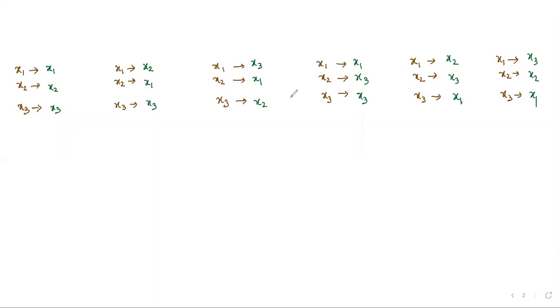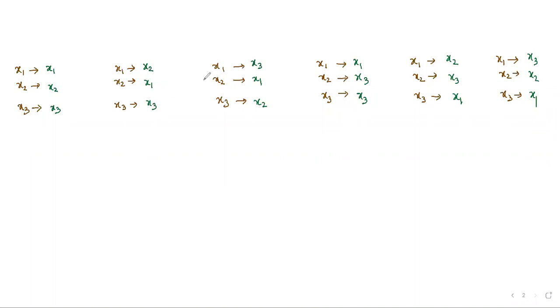So see, what have I done over here? I have written the left hand side. The left hand side is the same for all the 6 cases, but the right hand side is changing. Let me just check whether I have written all the distinct items or not.